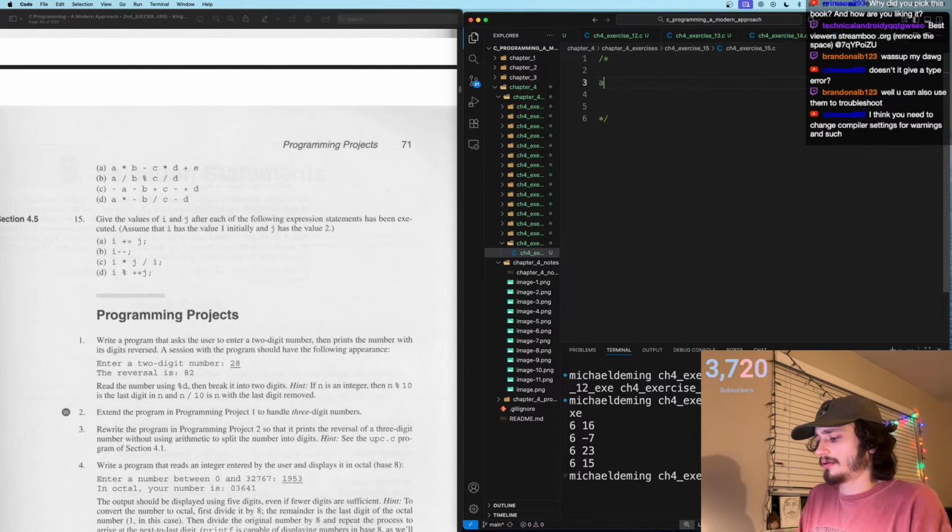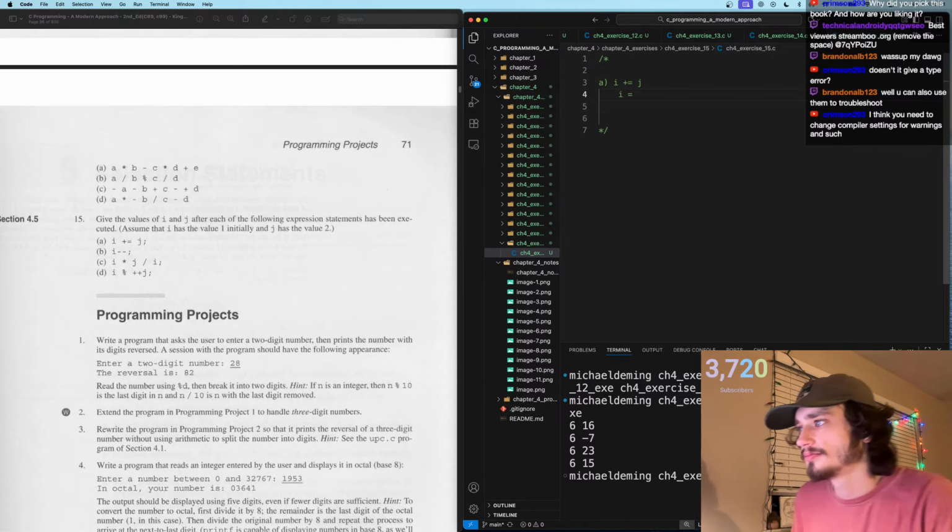So A, which is I plus equals J, would result in, if I is equal to 1 and J is equal to 2, and these are both integers, right?